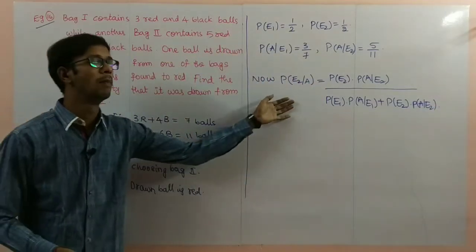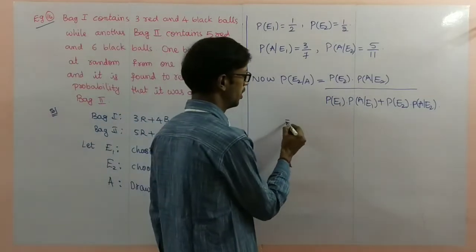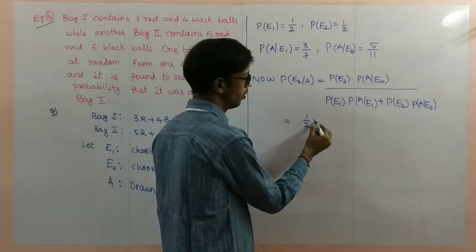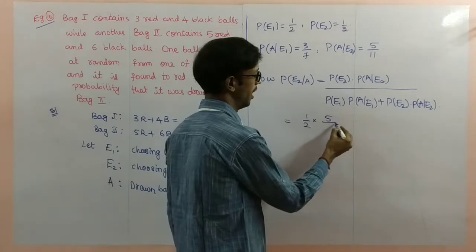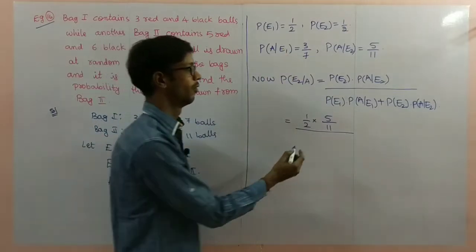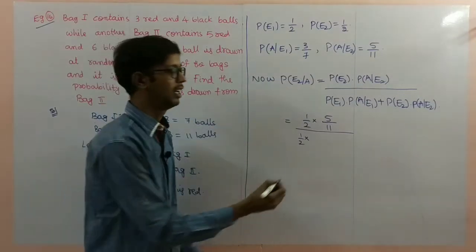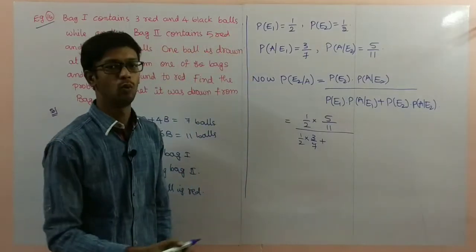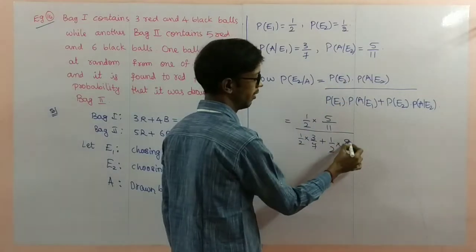So this is by using the Bayes theorem; we are simplifying here. Probability of E2, we already know all the values: E2 probability is 1 by 2 into A by E2 probability 5 by 11, whole divided by probability of E1, 1 by 2, into probability of A by E1, which is 3 by 7, plus probability of E2, 1 by 2, into P of A by E2, 5 by 11.